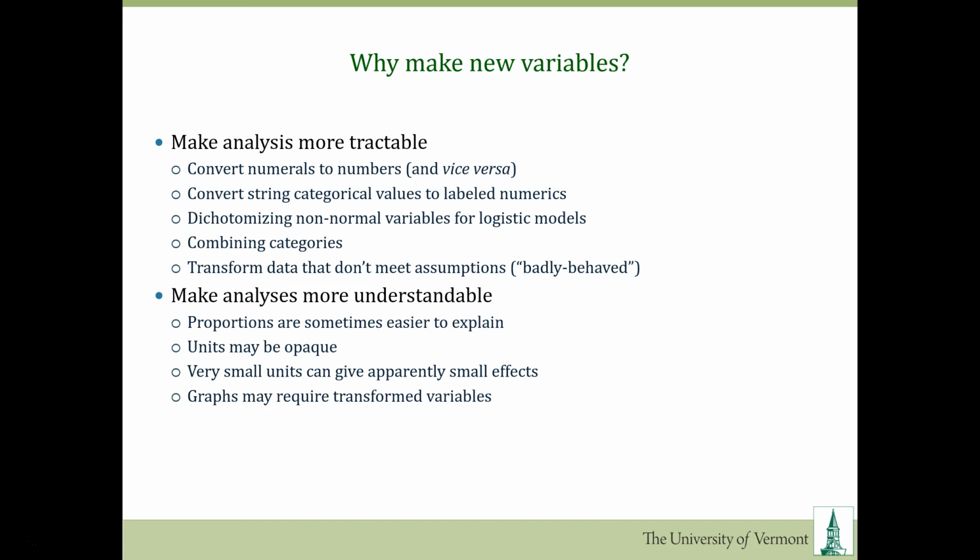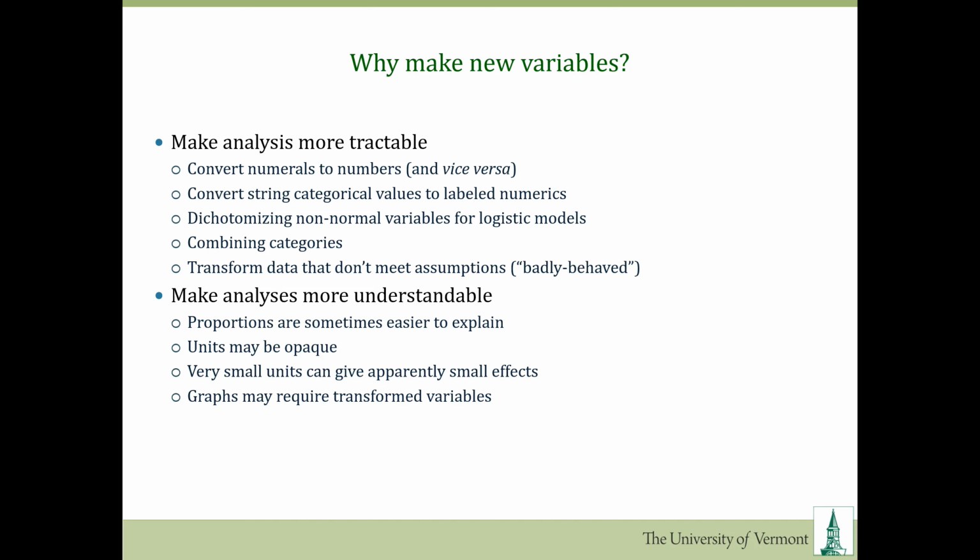We might want to combine various categories. We might want to just generally transform data that don't meet assumptions, sometimes called badly behaved data. For instance, highly skewed data, sometimes if you take a logarithm or a square root, you wind up with data that are normal and you can use classical statistics on it.